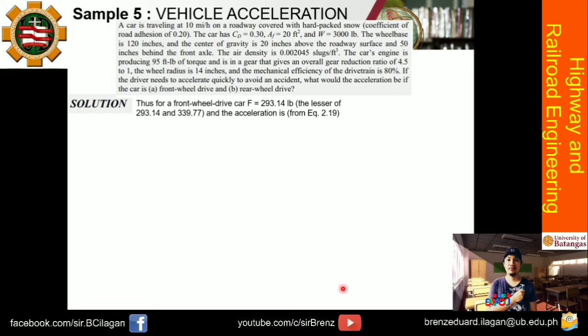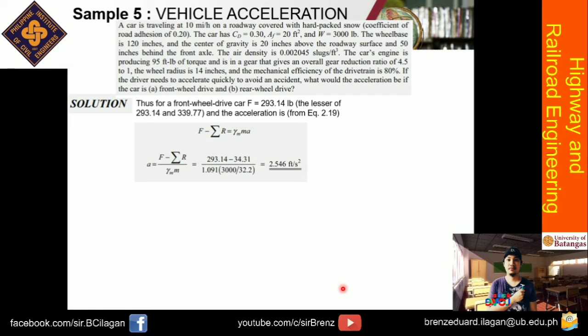Okay, so next, that's for a front-wheel drive car, so 293.14, the lesser of 293.14 and 339.77. And the acceleration is given from equation 2.19 as follows: F minus the summation of R, or delta R, is equal to gamma m times ma.